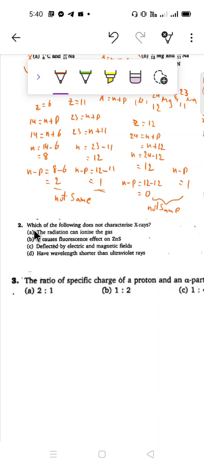Deflected by electrical and magnetic fields is incorrect, so this is not a characteristic of X-rays. The remaining are characteristics. Having a wavelength shorter than ultraviolet radiation is also correct, because X-rays are more energetic than UV radiation.